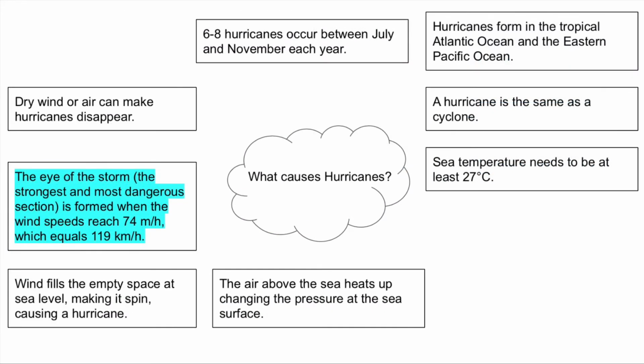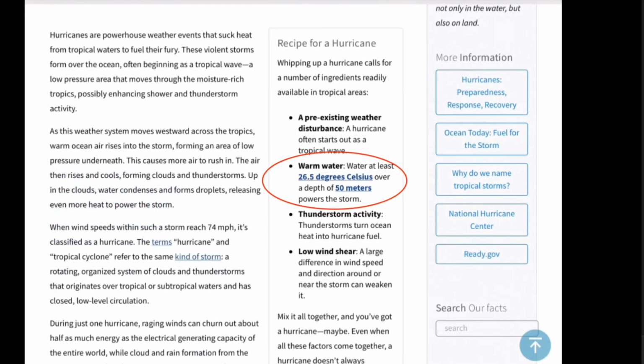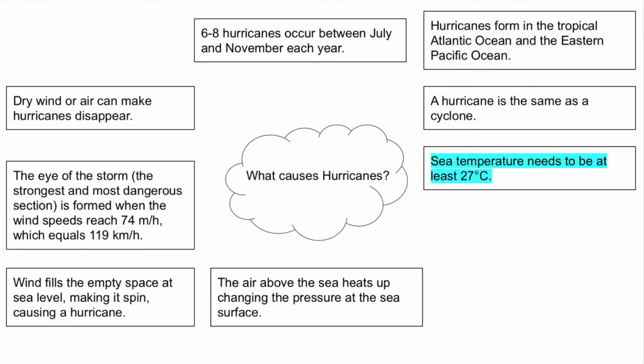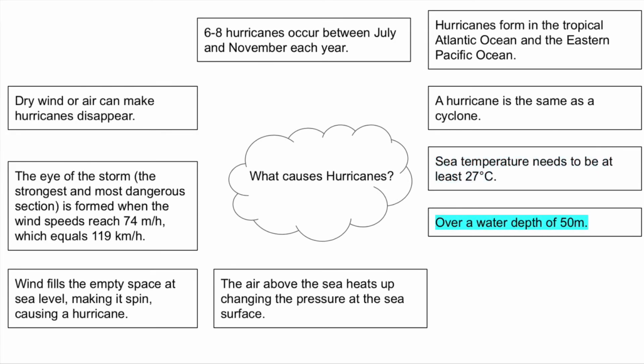Remembering that 74 miles per hour equals 119 kilometers per hour means that this also mirrors what we found in our last website. Water at least 26.5 degrees Celsius over a depth of 50 meters powers the storm. Our last website stated that it was a temperature of 27 degrees Celsius. However, as it's only a difference of 0.5 degrees Celsius, this supports our last website. However, we can add over a depth of 50 meters to our mind map.